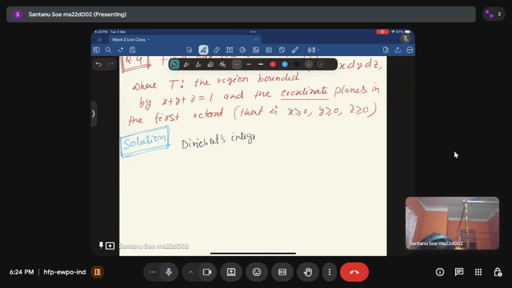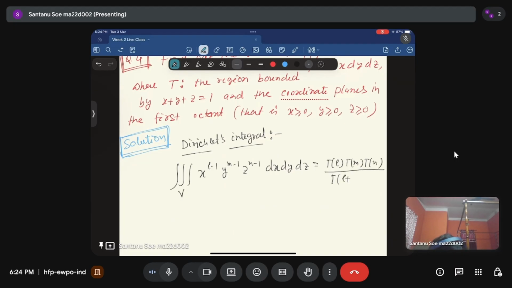The triple integration over the region V of x to the power L minus 1, y to the power m minus 1, z to the power n minus 1 dx dy dz is gamma of L, gamma of m, and gamma of n divided by gamma of L plus m plus n plus 1, where L, m, n all are strictly positive.